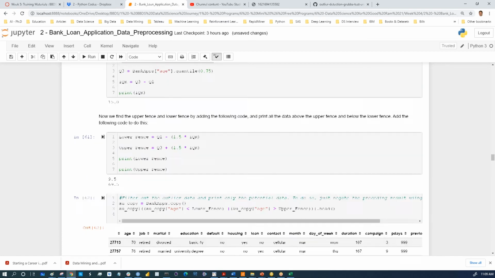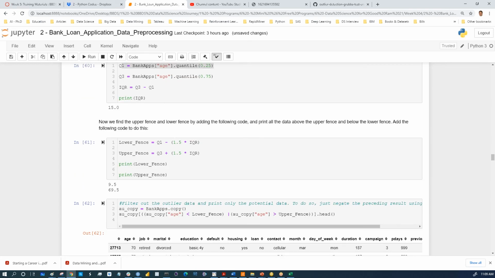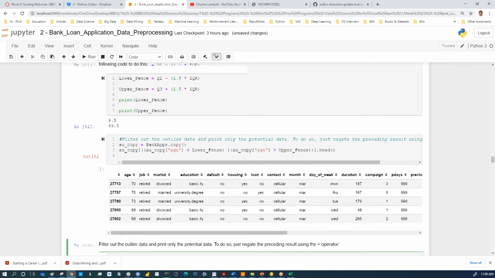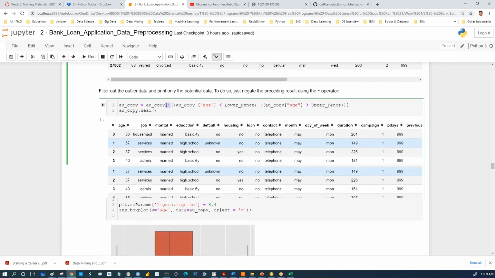The IQR is 15, and anything below the 25% minus 1.5 multiplied by the IQR. So this is what this code is doing. Give me anything that is not less than the lower whisker, or higher than the upper whisker, and eliminate them.